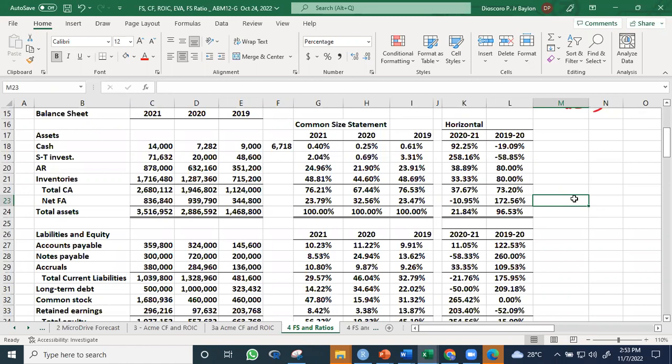Because that could mean obsolescence for the company. So what's the nature of the inventories? Are these raw materials? Are these work in process? Are these finished goods? Okay, it can also indicate that the manufacturing process of the company is quite slow. That could be indicative of that.